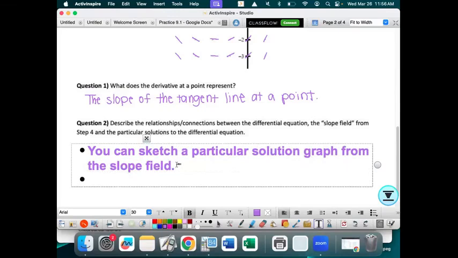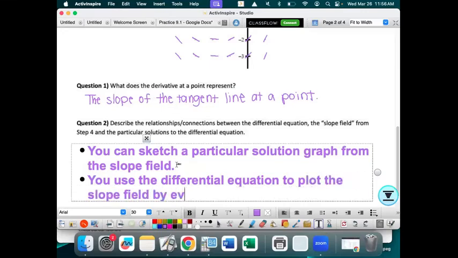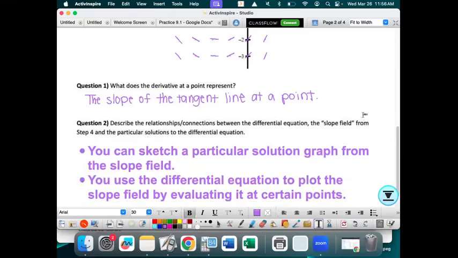Now, if you're using technology, it'll do it perfectly. And then the other thing that I have is that you can use the differential equation to plot the slope field by evaluating it at certain points. So just kind of summarizing what we did here, really. So if you need to pause that to write any of those things down, if that's not something that you observed, go ahead and do that with the video, please.